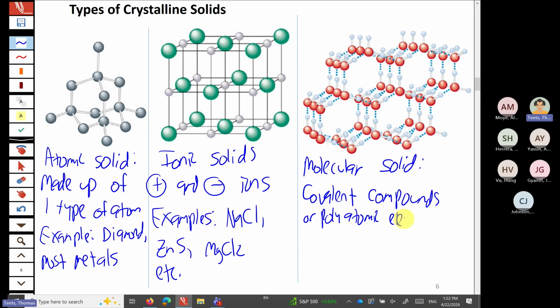Those would be the elements like I2 that are made up of two atoms bonding together into molecules, or S8, P4, those ones that we talked about, where you have a bunch of molecules now that are packed into a solid. So in this case, the lattice points are the molecules, and they're going to be held together by intermolecular forces.